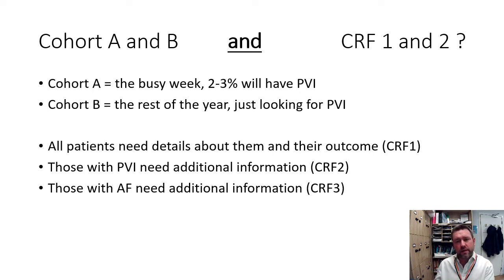That's CRF1, Case Report Form 1. If they additionally have post-operative vasopressin infusions as part of Cohort A or Cohort B, then they have additional information collected in CRF2. One of the main differentiating factors between the UK implementation of SQUEEZE and the international one is that we're collecting data on atrial fibrillation, and that will be in CRF3.